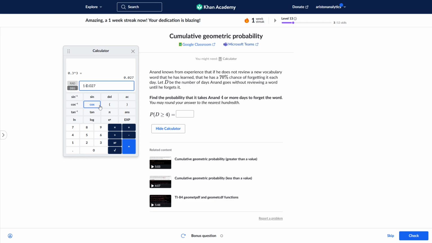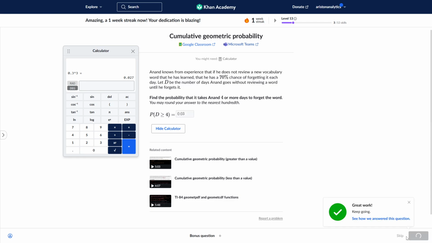In other words, he remembered it for 3 days because he's very forgetful. So 3 days in a row without forgetting. And the next day he can forget or remember and then forget the following day. Okay. So I think 0.027 is a good answer. Yep.